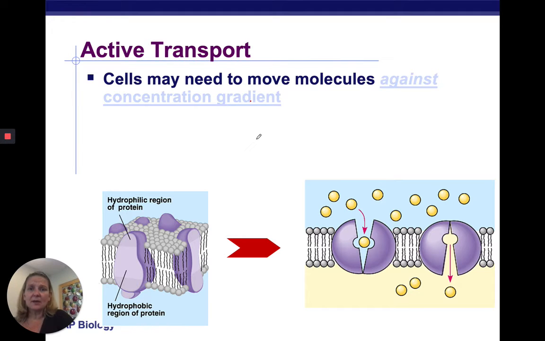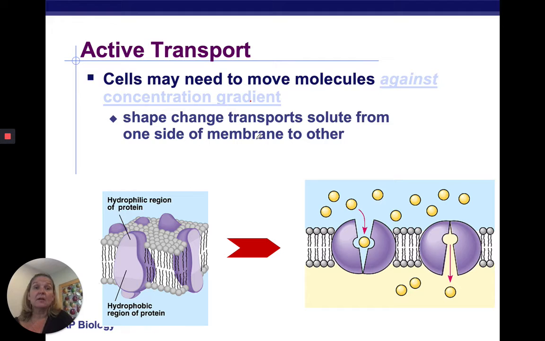So cells might need to move molecules against the concentration gradient. And what happens with these proteins is that you have a shape change, sometimes called a conformation change. So the shape, if you see this, it's open on one side and then it changes shape and releases molecules into the other side.